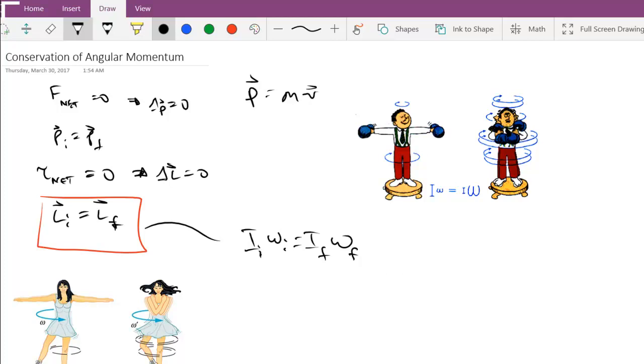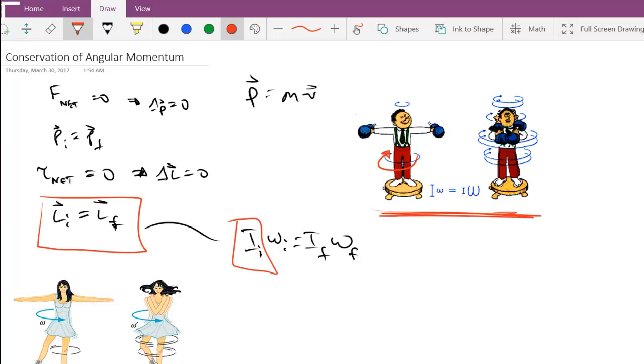But with rotational inertia, it's very easy to change your mass distribution. Remember, rotational inertia is not just how much mass there is, but how that mass is distributed about the axis it rotates around. If you look at this picture here, this guy is holding some barbells out, and he's on a rotating platform, rotating around in a circle like this.